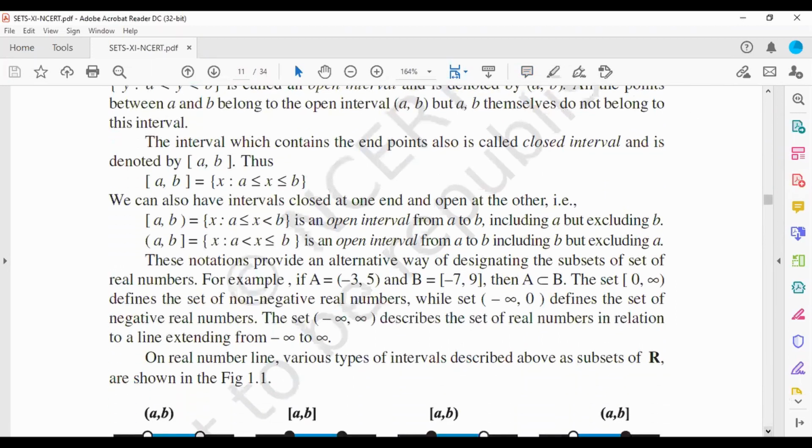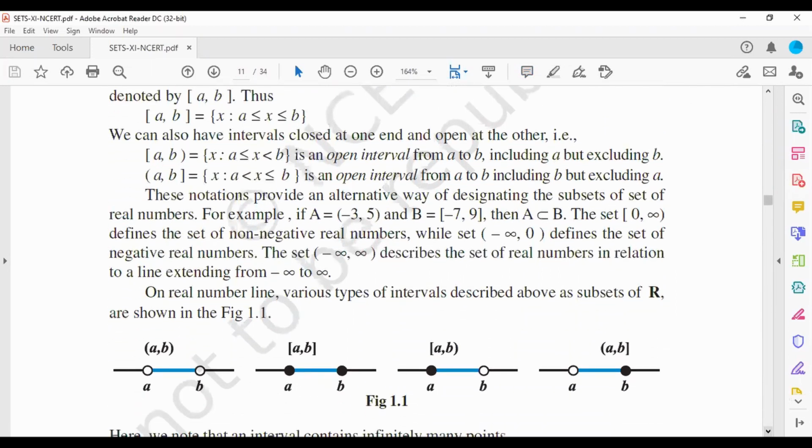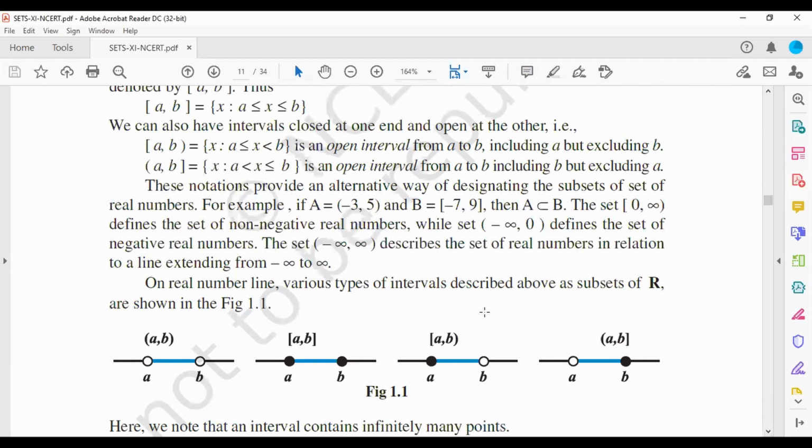Intervals and the number line, you see just a figure. This also I told you is very important, using the real number line. How do you select an interval? Look at where the shading is. A is not shaded, so A is excluded, B is excluded.